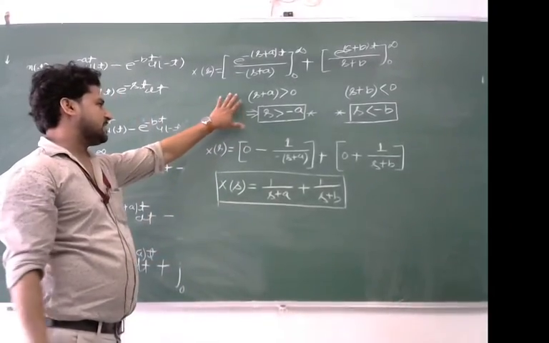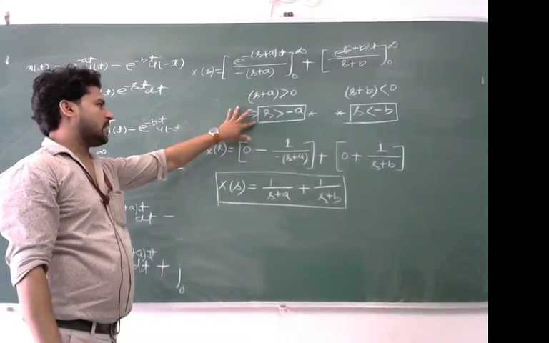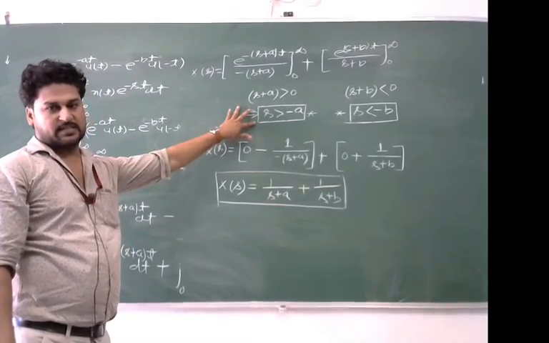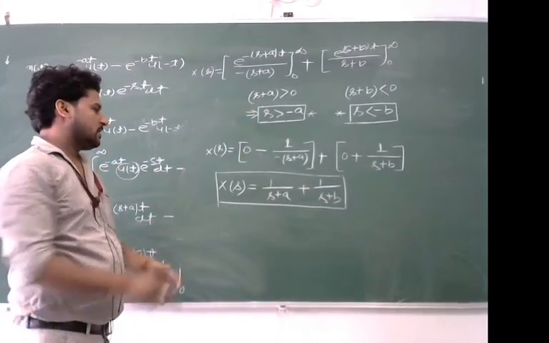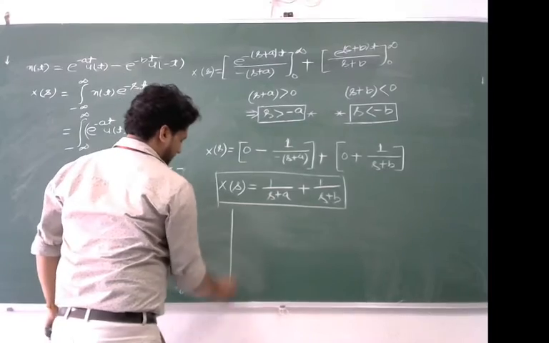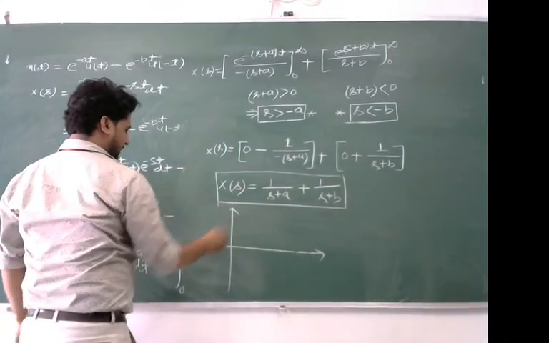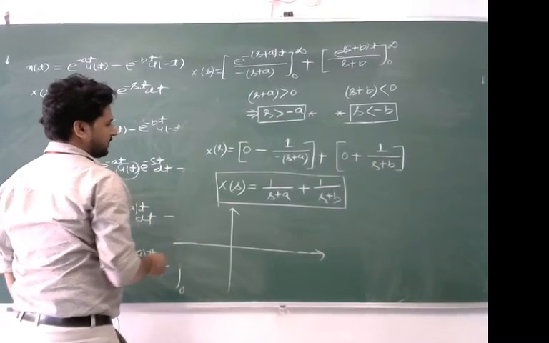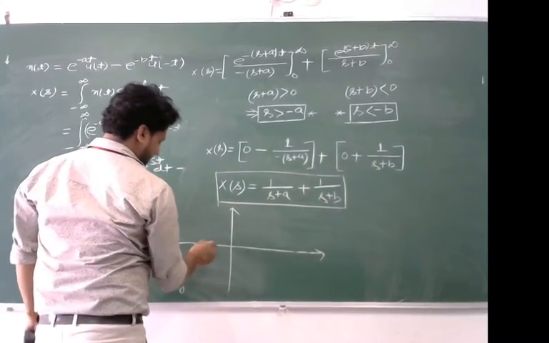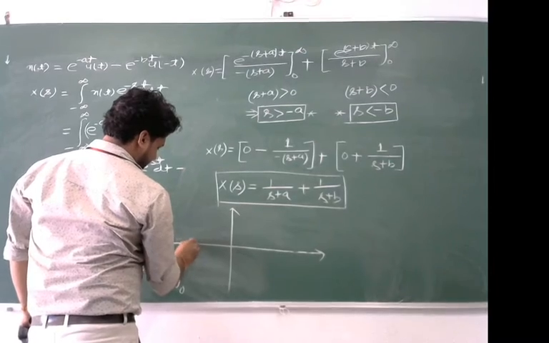In the first case, it says that the region of convergence of this transformation will be values of s which are greater than minus a. Suppose minus a is here.